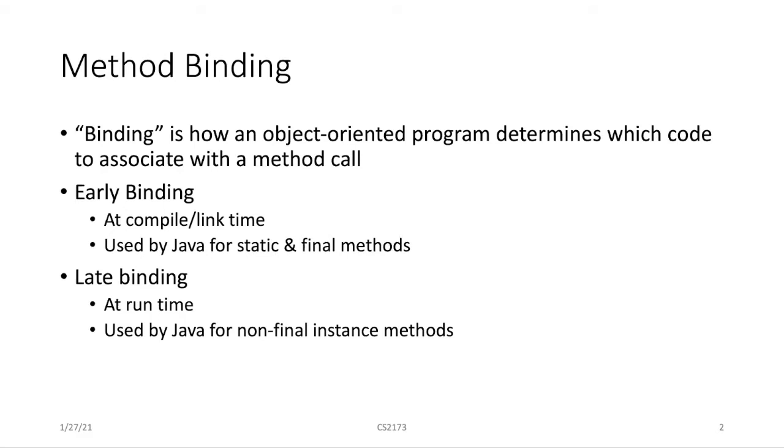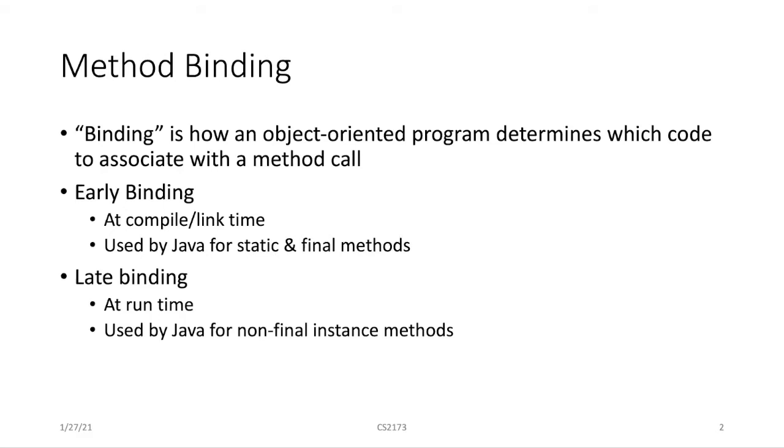The problem is, as we've seen, because of overriding and because of subclassing, the compiler and linker can't figure out, until you run the program, exactly which method is going to be called by whom. Again, that's for non-static and non-final methods.